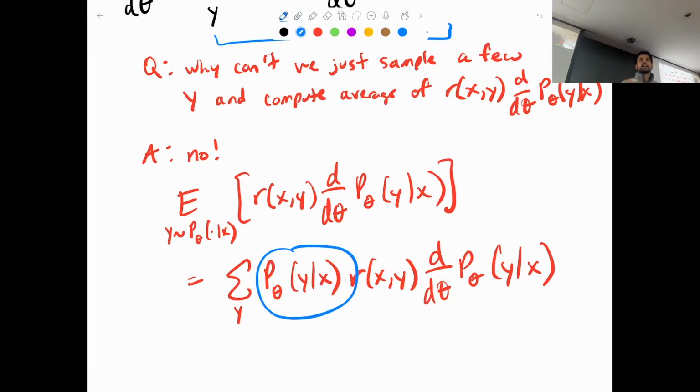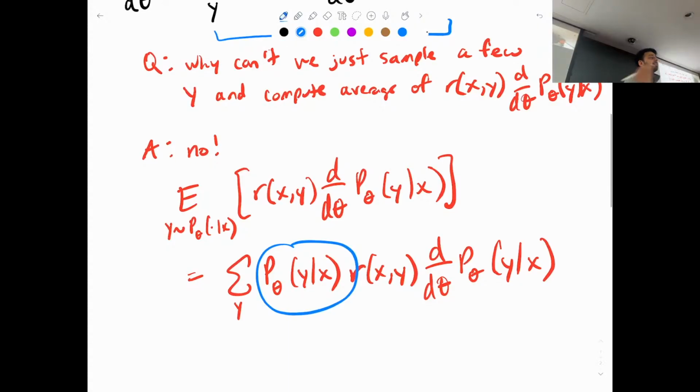And if you'll note, the log trick was simply to multiply by this quantity and also to divide by this quantity, right? So to correct for this, we would like to divide by this term. And dividing by this term just yields the same log trick that we discussed in the last class.